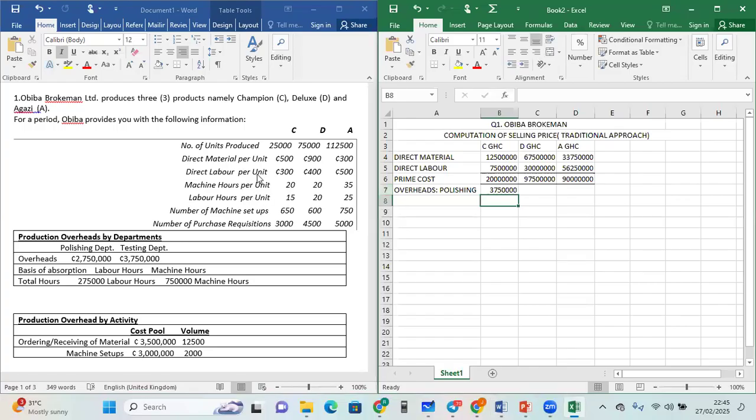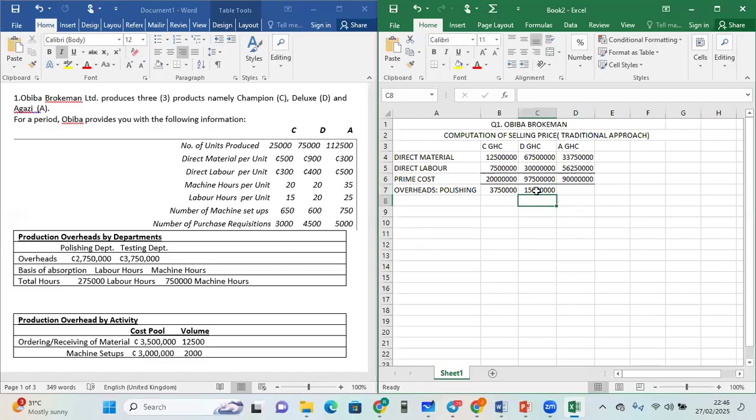And the reason why we are doing it this way is because it is labor hours per unit. If you are told to find the overhead per unit, then you only multiply by this one. But since we are doing it for the cost, we have to multiply by the units produced. So this one will also be equal to 10 that we computed times 20 times the units produced, 75,000.